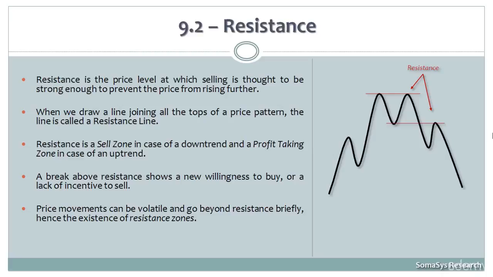Now, this resistance is a sell zone in case of a downtrend and a profit-taking zone in case of an uptrend. So this resistance here is a profit-taking zone, and this resistance over here serves as a sell zone. Now why? The reason is the same as we discussed during support.